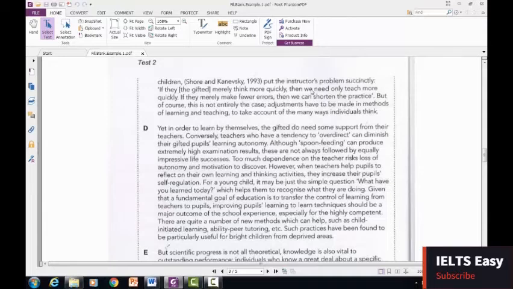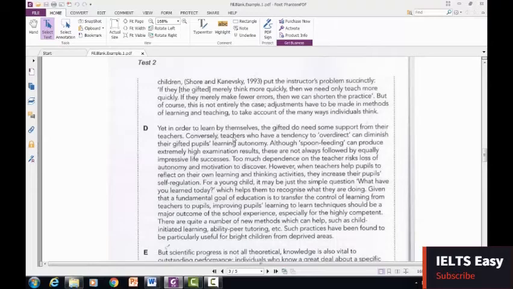All right, here we go. So here we have an example of a combination. When I say combination, I'm talking about we're starting right here where we see "conversely" and the word teachers.